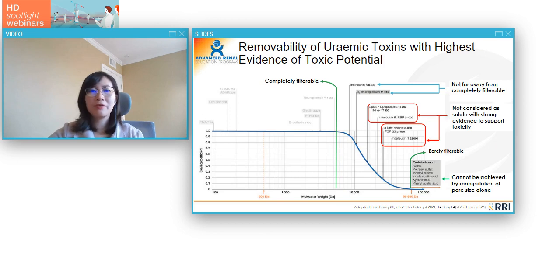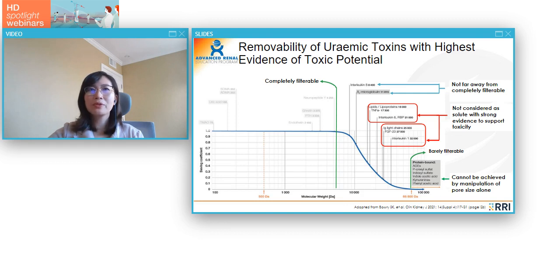This is a similar figure to the previous one, but you can tell that in this case, those filterable ones are no longer in discussion. But if you take a look at this one, those between completely filterable and very filterable toxins, there are some middle molecules that have been listed.